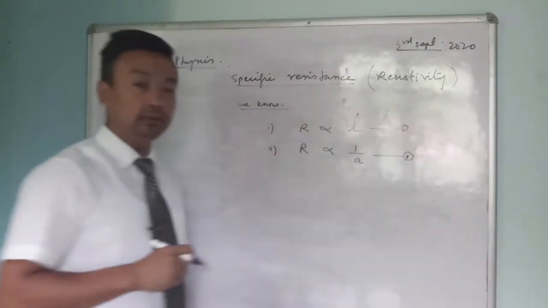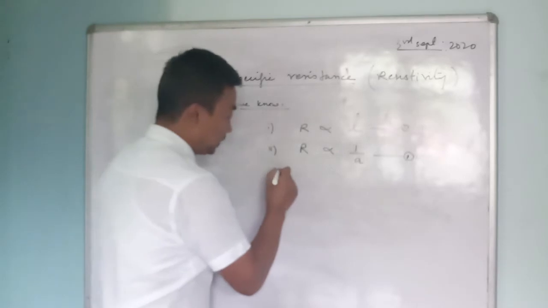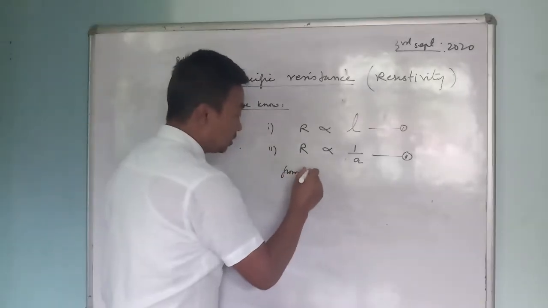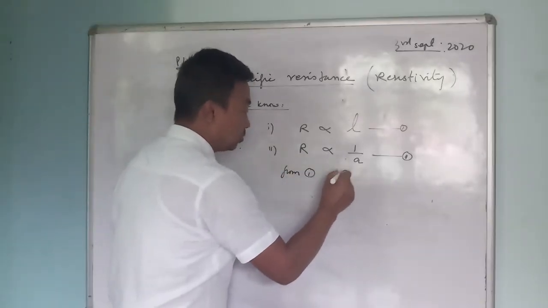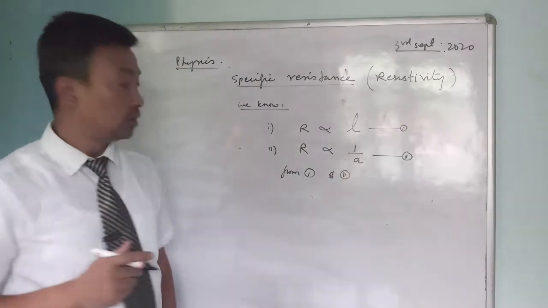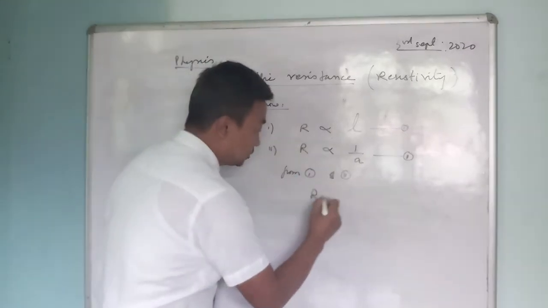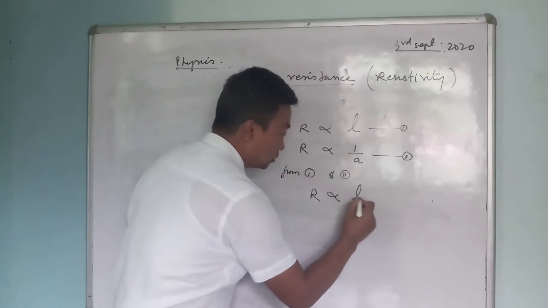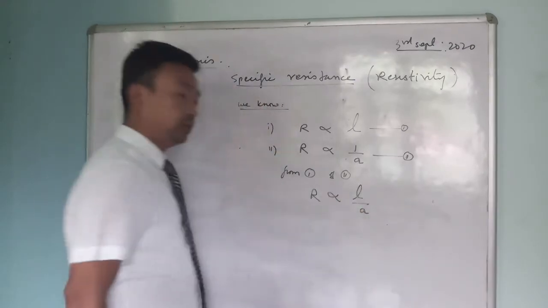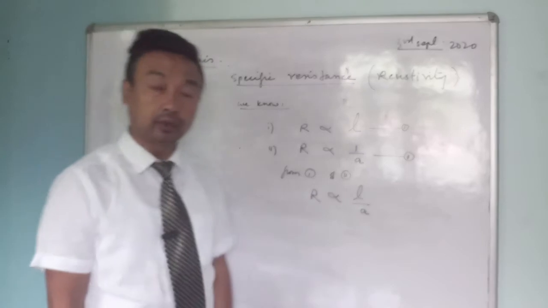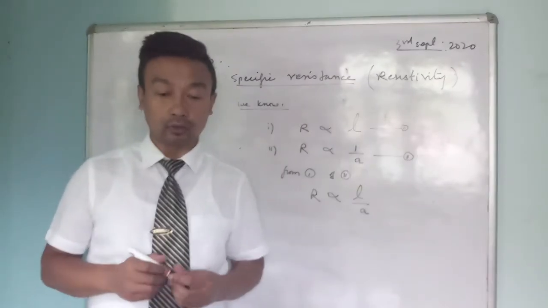Now if you combine these two, 1 and 2, we get that resistance is directly proportional to L by A. We know that L is the length of the conductor, A is the area of the cross section.